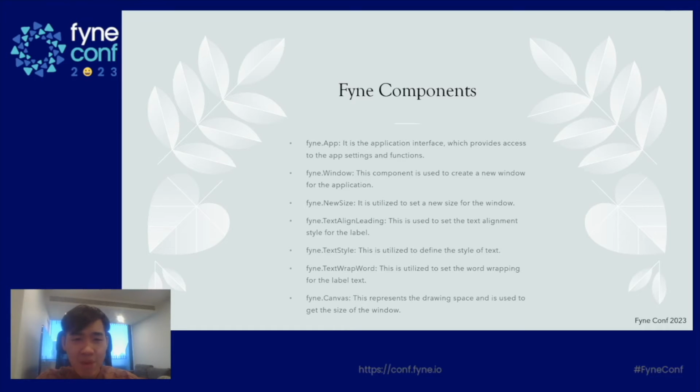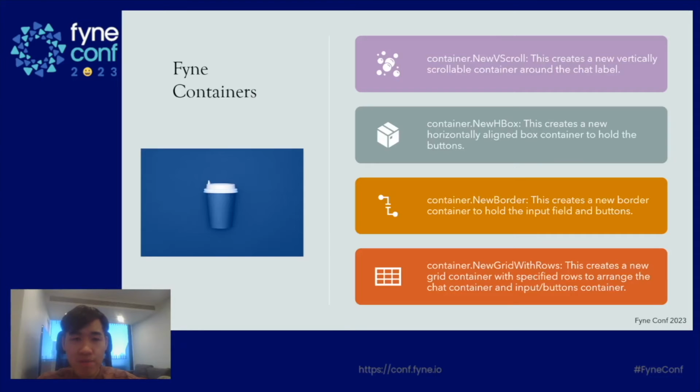So, using app window, creating windows, setting new sizes with new size, text align leading, text style, text wrap word to set the word wrapping for label text within the AI generated content. And also, of course, when it's displayed, the canvas as well, which gets the size of the window too.